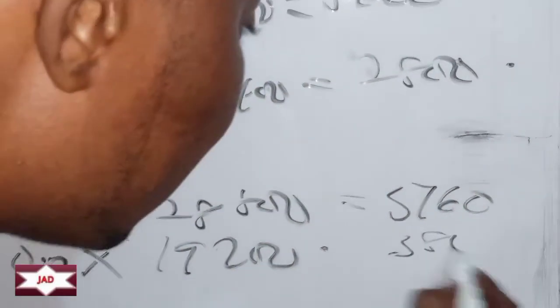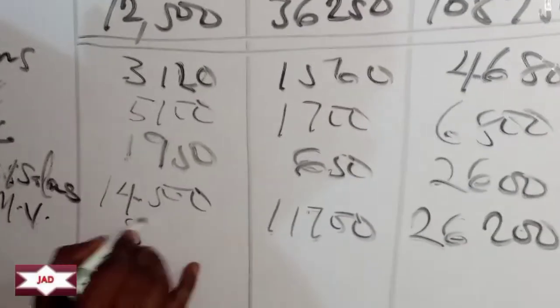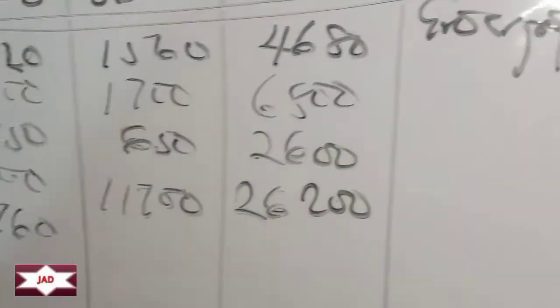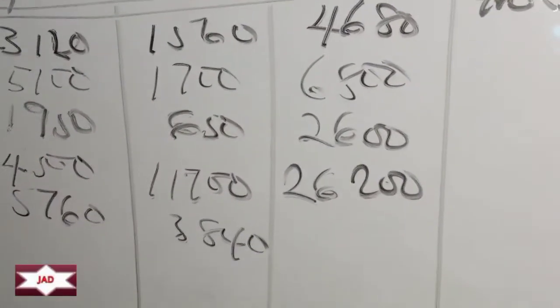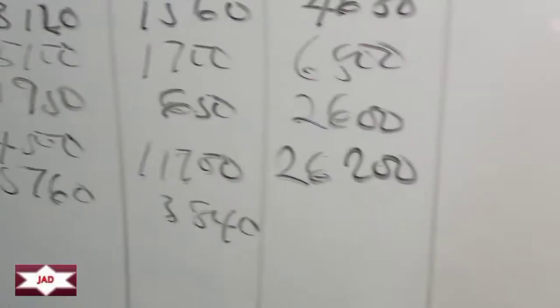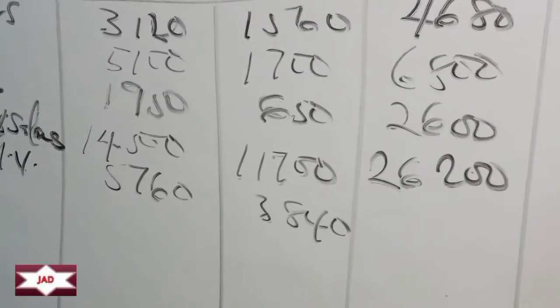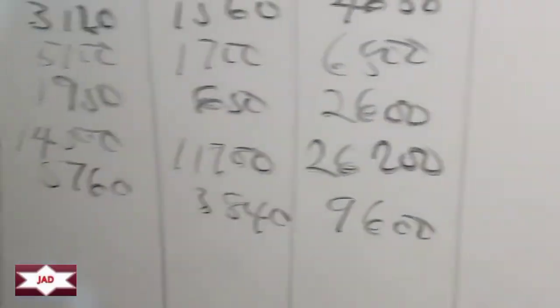That's 3,840. So we have the motor van here. Footwear is 5,760. Clothing is 3,840. So the total, which is 5,760 plus 3,840, that's 9,600.